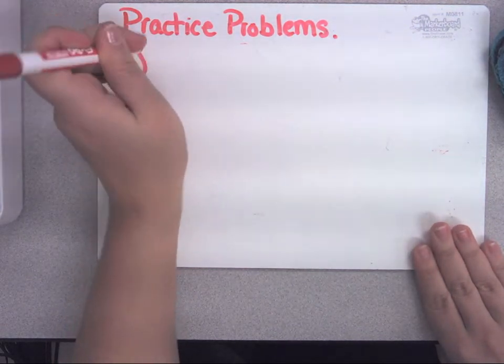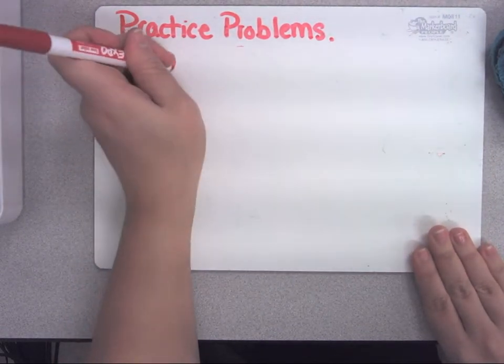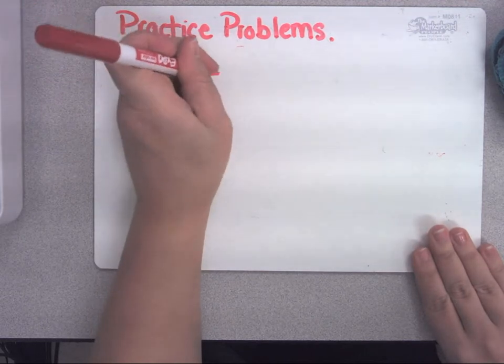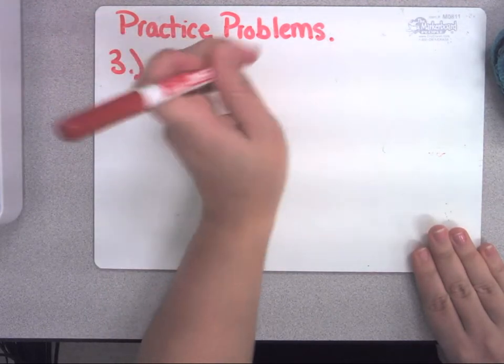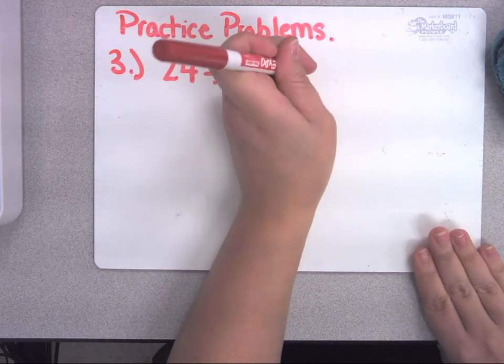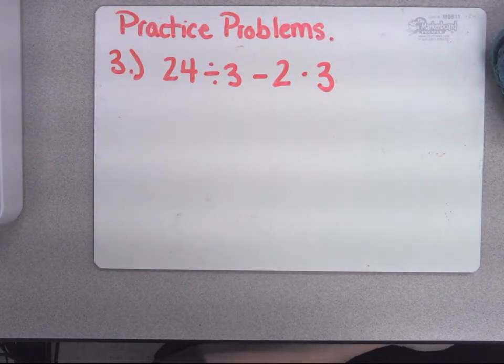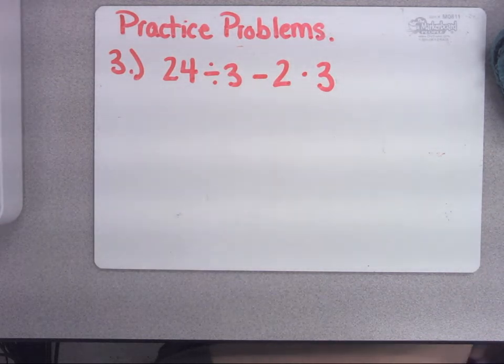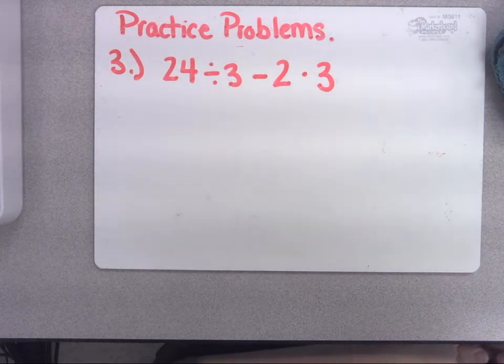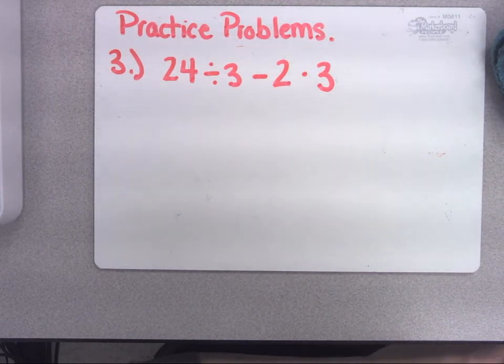Number 3, 24 divided by 3 subtract 2 times 3. Remember that dot does mean multiplication, right? It's not a decimal, ladies and gentlemen. You know who I'm talking to. Okay, that's a real simple one. Try that one first. Give you a hint, the answer is a single digit.